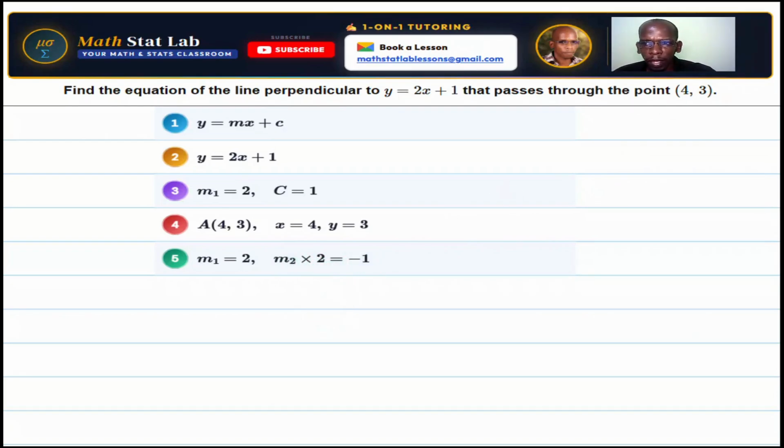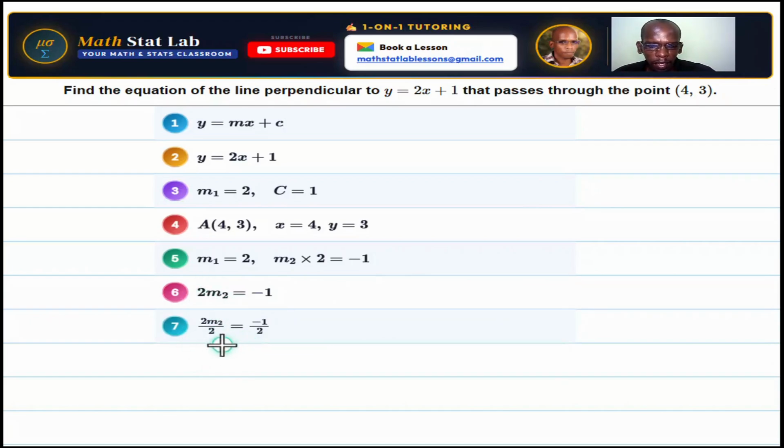If I take m2 to represent the gradient of this new line, I multiply by 2: 2 times m2 is equal to -1. But I want m2, the gradient of the new line. To get m2, I just need to divide both sides by the coefficient of m2, which is 2.